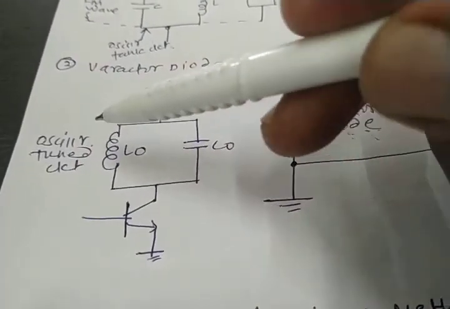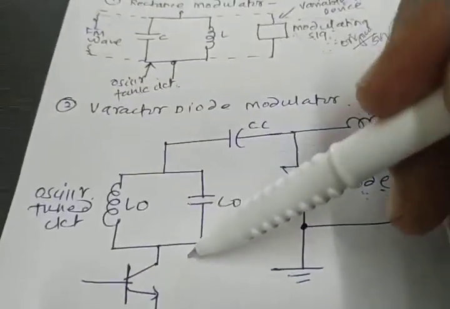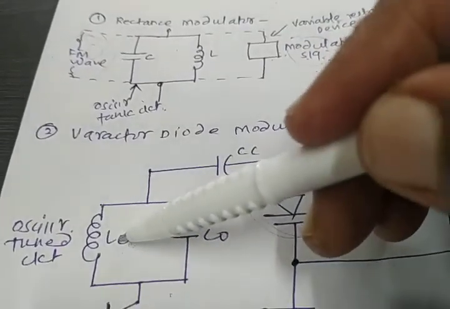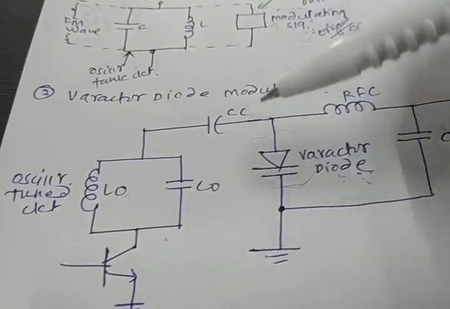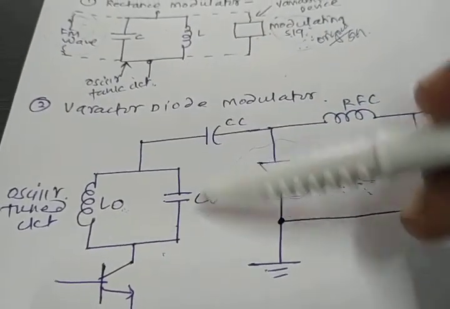Now here you can observe the oscillator tune circuit, just like the same circuit. LO means local oscillator circuit. This one is an inductor, this one is a capacitor. The purpose of this circuit is tuning.